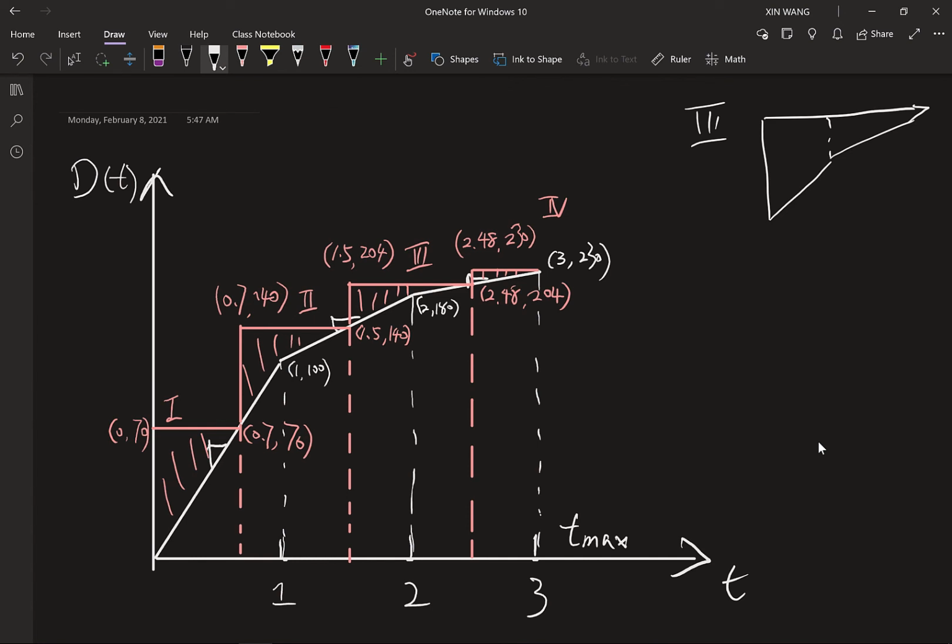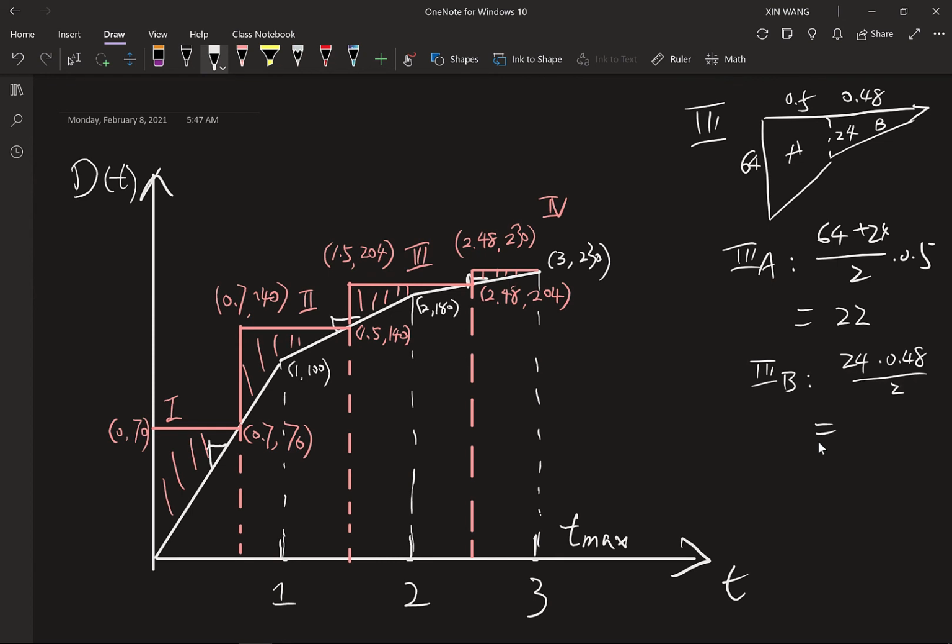So similarly, we can calculate the concave triangle for 3. Then for this case, we have the edge 64, 24, 0.5, and 0.48. So we can calculate this A, B. So the first one should be 64. So this equals to 22. And then the second one equals this area equals to 5.76.